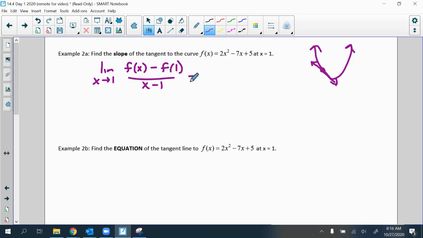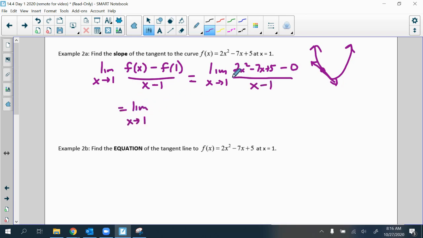I have to continue to write limit until I actually substitute 1 in. So I have 2x squared minus 7x plus 5 minus f of 1. What was f of 1? f of 1 was 0, over x minus 1. Now I continue to do the algebra.